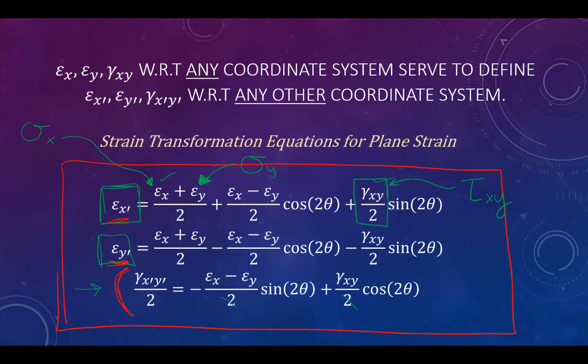For one reason, we want to keep this term consistent, where it's half of the distance between the two strains. That's a similar term here and here. And for another thing, this gamma over 2 actually has particular meaning in the field of engineering. We call it engineering strain.